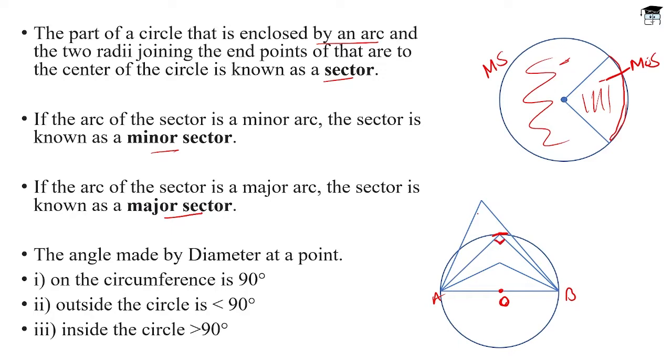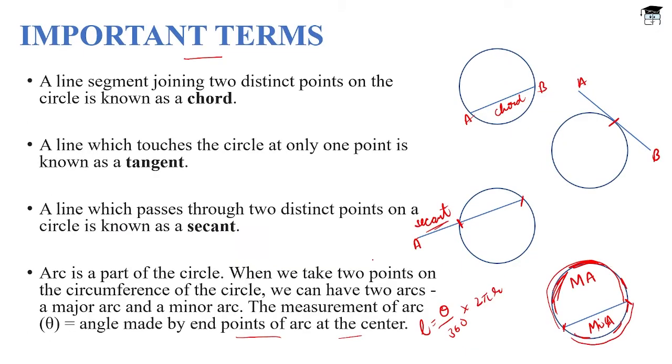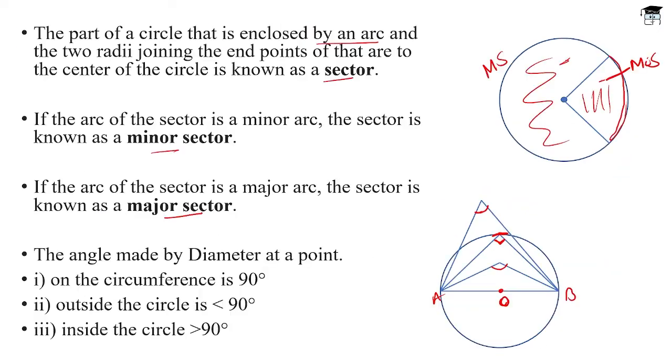If it is outside the circle, starting from the diameter but outside the circle, then it is greater than 90 degrees. And if it is inside the circle, then it is smaller than 90 degrees. So these are some basic terms you should know before starting with the basics of circles.